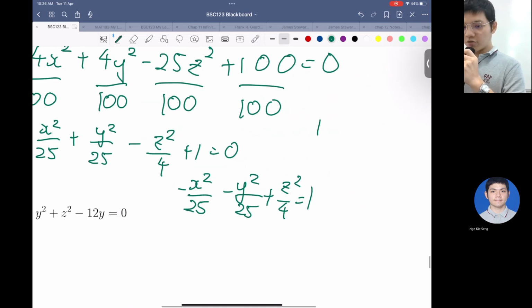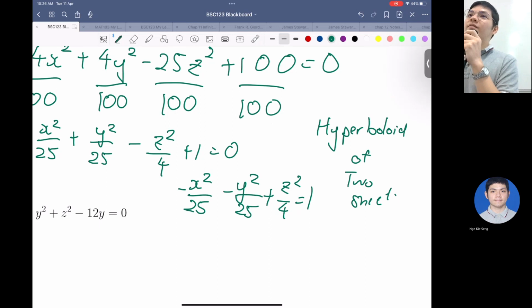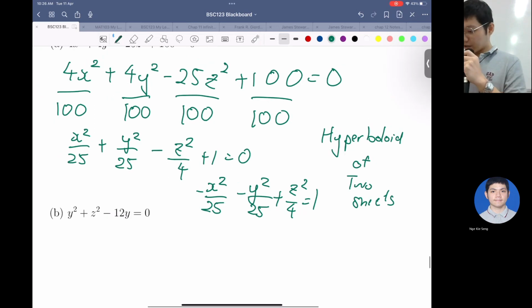Hyperboloid. So there are 2 kinds of hyperboloid, right? So this one is which kind? With 2 sheets. 2 sheets meaning the singularity breaks off and becomes 2 sheets. So yeah, this is just classifying.